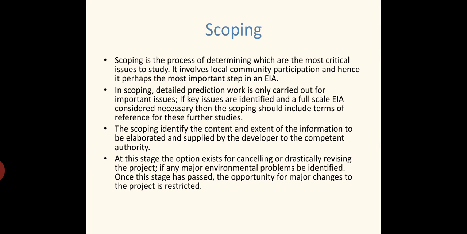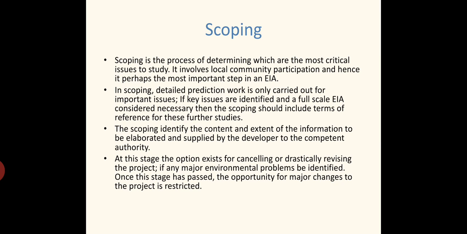In scoping, detailed prediction work is only carried out for important issues. See, detailed prediction work is only carried out for the important or major issues that may arise due to this particular project. If key issues are identified and a full-scale environmental impact assessment is considered necessary, then the scoping should include terms of reference for these further studies.